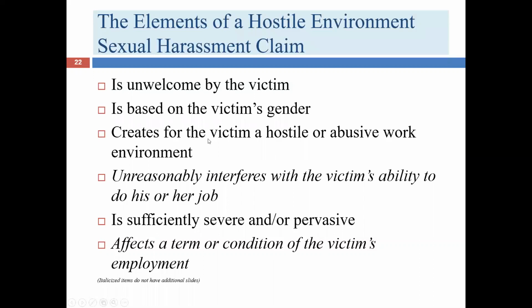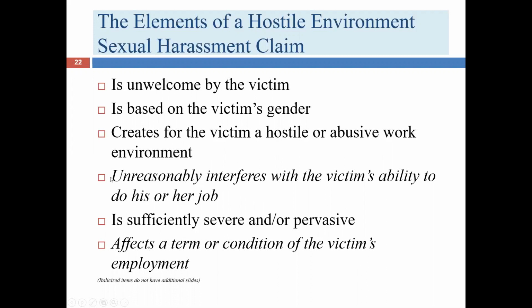It has to create for the victim a hostile work environment. The action has to unreasonably interfere with the victim's ability to do his or her job. It has to be sufficiently severe or pervasive, or it can be both, obviously. And it has to affect a term or condition of the victim's employment.